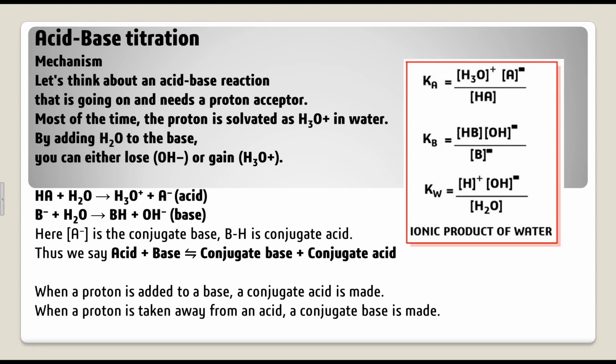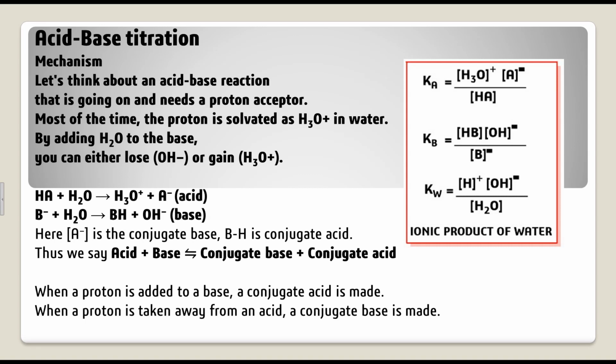The next is what is the mechanism behind the acid-base titration. Let's think about an acid-base reaction. It is going to need a proton donor and a proton acceptor. Most of the time the proton is solvated as H3O plus in water. By adding water to the base, you can either lose an OH minus ion or gain an H3O plus ion.